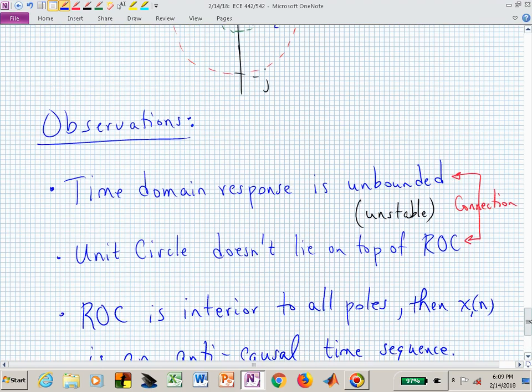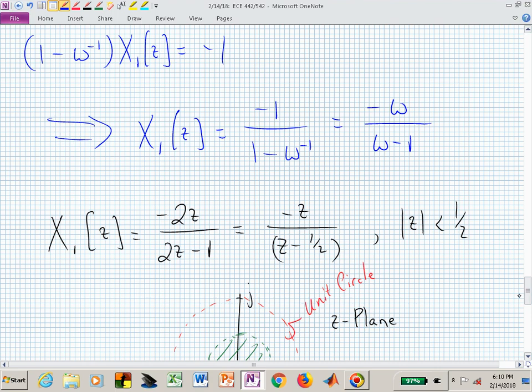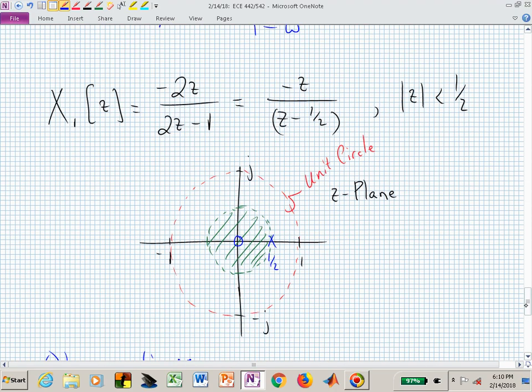Case 1 had this for its z transform, minus z over z minus 1/2. But I'm emphasizing the z over z minus 1/2 because maybe that's going to appear shortly. But this is case 1. And this is its region of convergence.